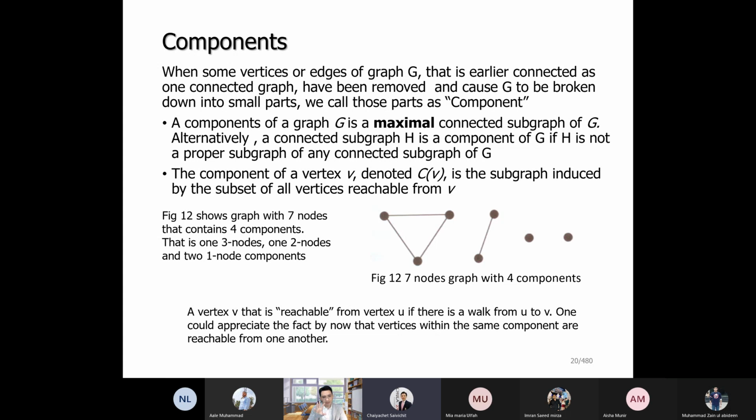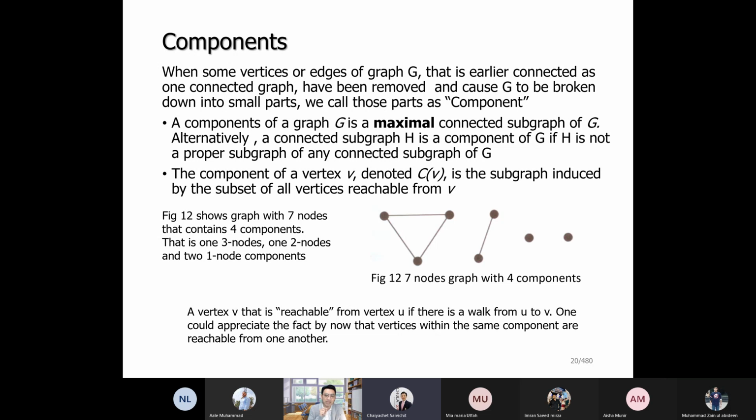I think you can grasp the idea of components very quickly: all the nodes or vertices in that component must be connected together over links. If you cannot find a traversal from one node to the other, we say that those two nodes are on different components.